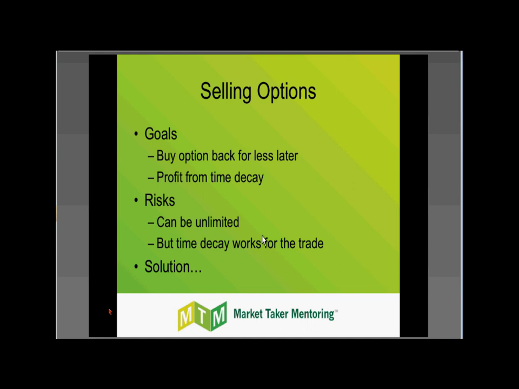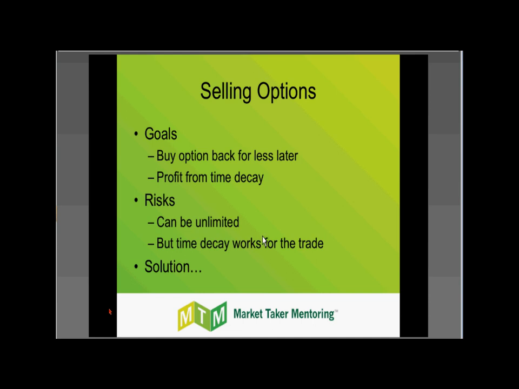Maximum profit potential. However, your risk can be unlimited. You can lose a lot more than $2 if things really go wrong. So you've got this great thing working for you, time decay, but you've got this potentially catastrophic thing working against you, unlimited risk.